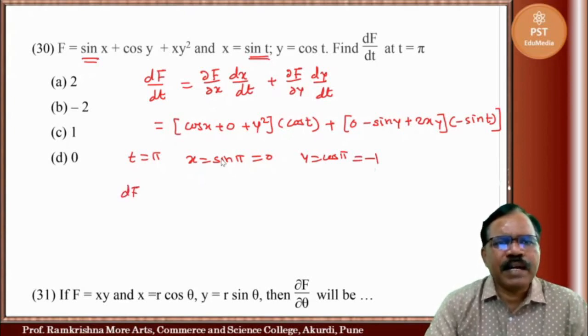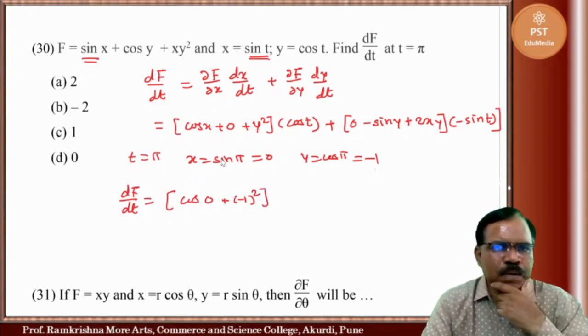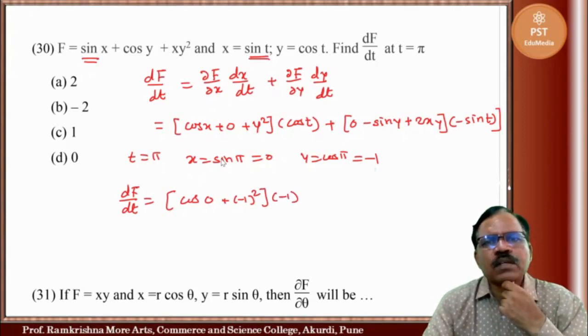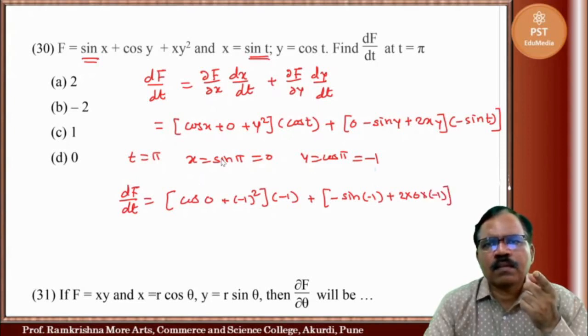So you will get df/dt is equal to cos, x is 0, so cos 0, y is minus 1, so you will get plus (minus 1) square into cos t, t is pi, so it is minus 1, plus minus sin, y is minus 1, plus 2x, x is 0, y is minus 1, multiplied by minus sin t, sin pi is 0, so multiplied by 0, so the second term is 0.